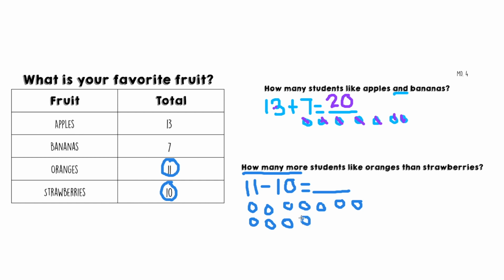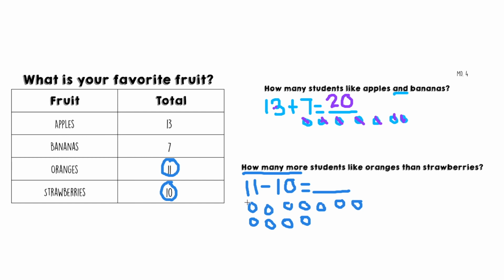All right, so I have 11 circles, which represents my 11 oranges. And then now I'm going to pair it up with 10 strawberries. However many oranges are left without a partner lets me know how many more oranges there were than strawberries. So if I pair it off, I'm going to subtract 10 from my 11 to see what the difference is.